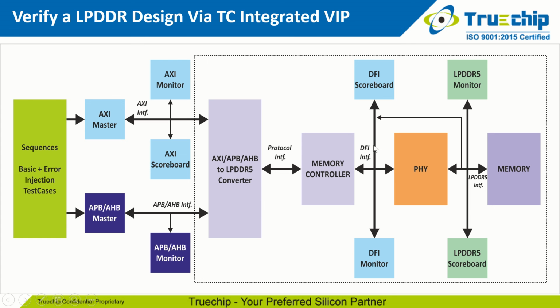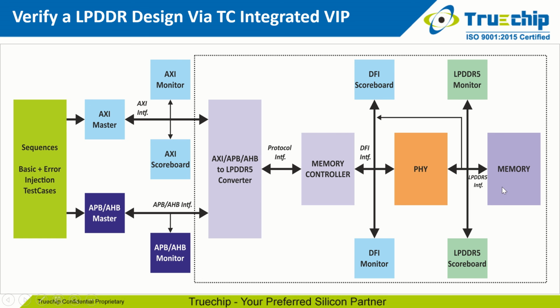The DFI interface is also connected to two components. One is the DFI monitor, which acts as a protocol checker and shoots an error in case of protocol violation. The other component is the DFI scoreboard, which checks the data integrity not only for the DFI interface but also for the LPDDR5 interface, as to whether the data in the DFI interface and transmitted from DFI5 is the same or not, and vice versa.